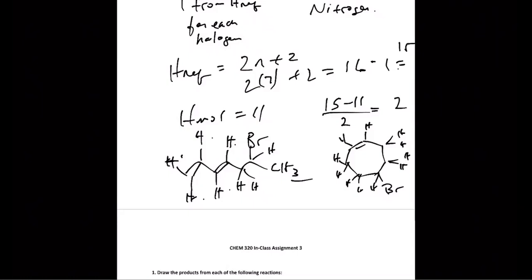My suggestion is if you have a molecular formula that gives you more than 1 degree of unsaturation, take one of those degrees and make it a ring, and then the rest of them you can think about adding double bonds within the ring, or just draw it out as a straight chain and then put as many double bonds in as you need to meet your degrees of unsaturation.